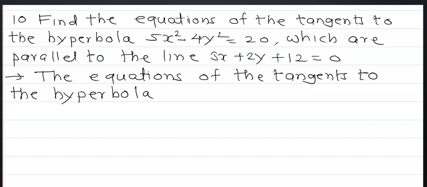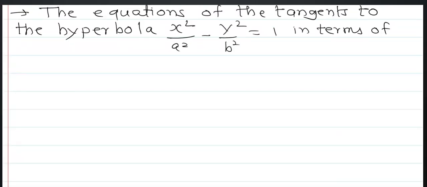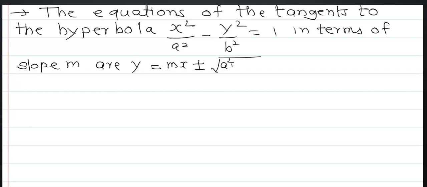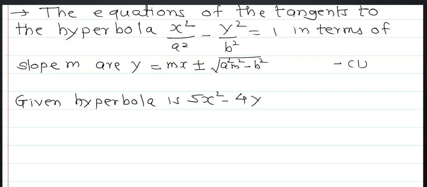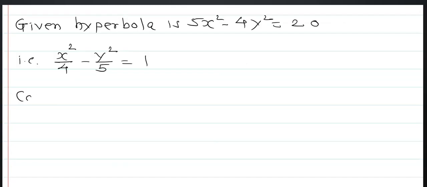Now, the equation of the tangent to the hyperbola x square upon a square minus y square upon b square equals 1 in terms of slope m is y equals mx plus or minus root of a square m square minus b square. Given hyperbola is 5x square minus 4y square equals 20, that is x square upon 4 minus y square upon 5 equals 1.